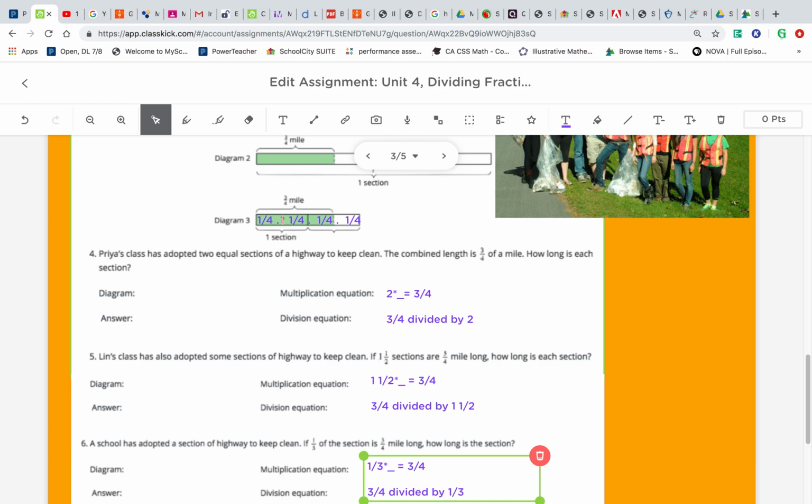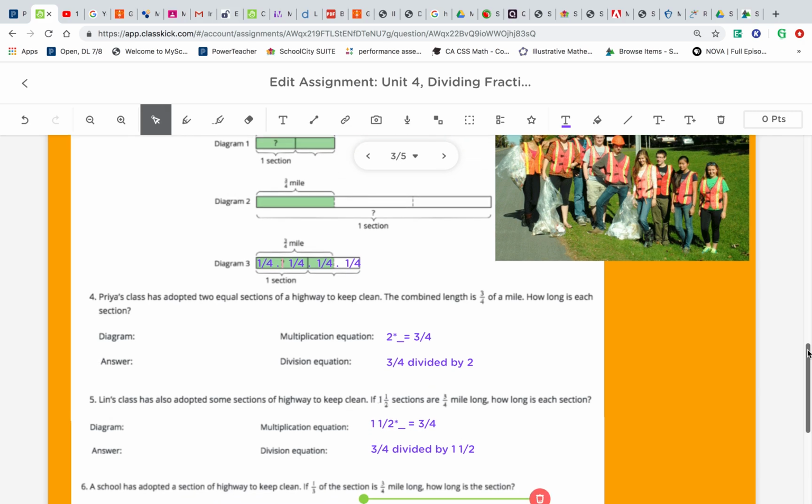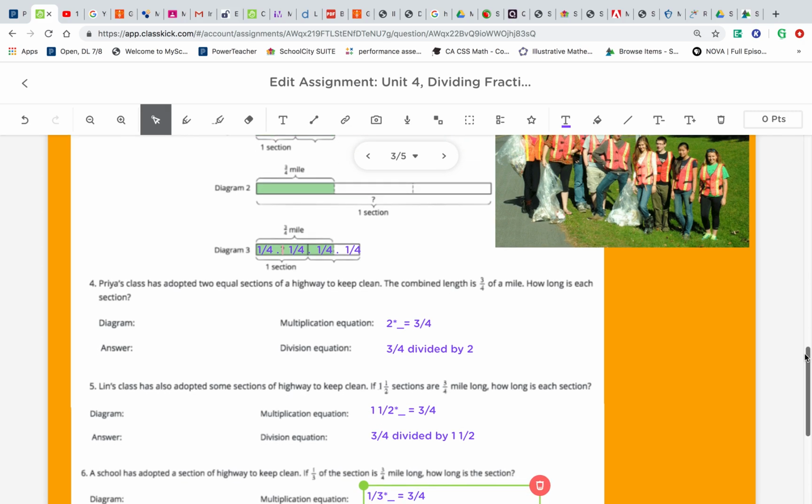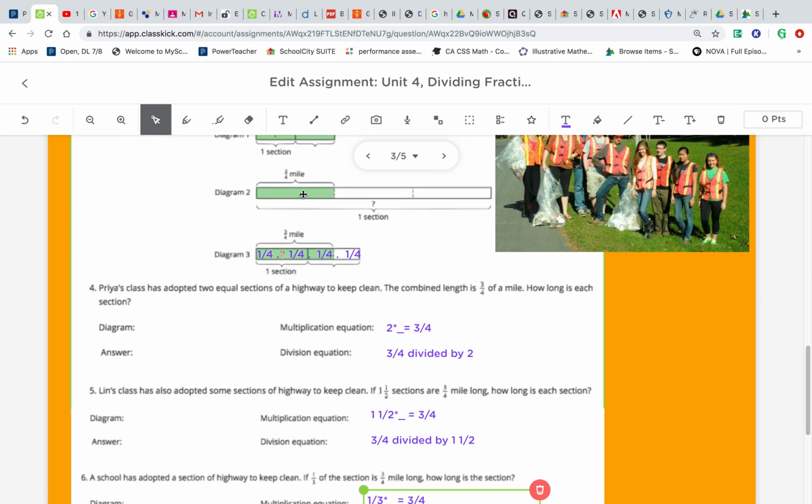Now, for this one here, the diagram may help you, or it may not. So I'm going to go over both ways to solve this. We know that these are 3 equal parts, and so if this is 3/4, this has to be 3/4, right? So I can go ahead and call that 3/4.